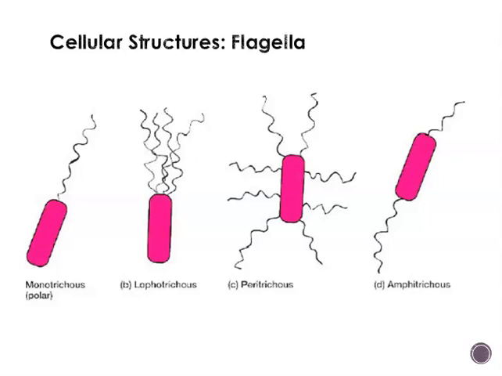They can be lophotrichous, where they'll have 2 or more flagella at one end, so they're still polar, but they have more than one flagellum at the end. Peritrichous is a uniform distribution of flagella all over the body. Amphitrichous, 1 flagellum at each end. And then atrichous refers to organisms that do not have flagella. So with absence of flagella, these bacteria would be non-motile.